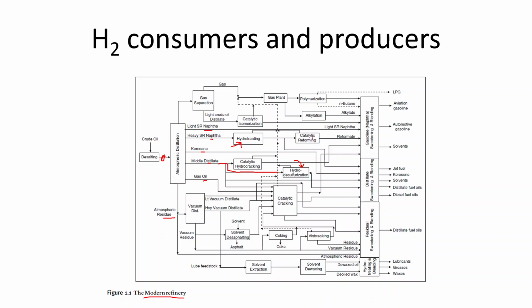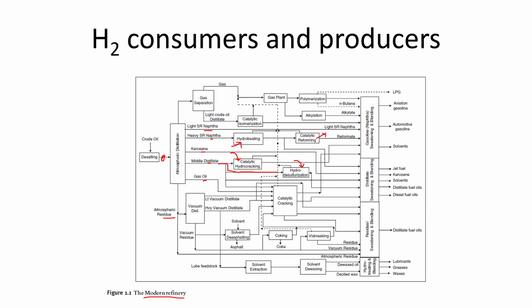We also have hydrogen here. We discussed last time about catalytic reforming, which also produces hydrogen. And catalytic hydrocracking also requires hydrogen, as we discussed last week. So in this particular diagram we have three boxes requiring hydrogen, and one box that produces hydrogen.